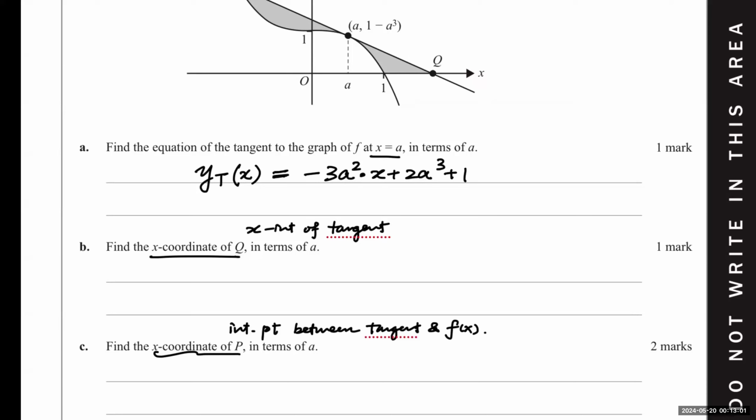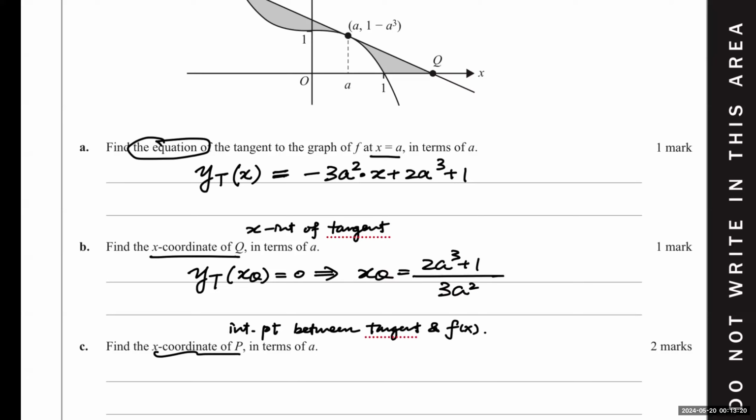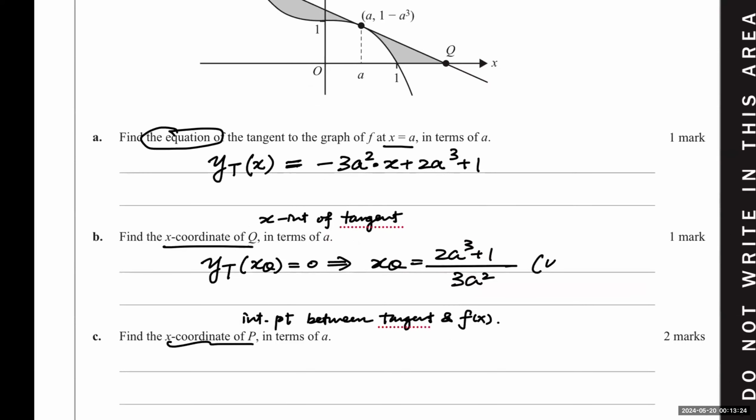It has to be an equation. And for the x-coordinate of q, let yt of x equal 0, giving you x equals 2a to the power 3 plus 1 divided by 3a squared, okay? It doesn't ask you for the y, so you don't need to specify y, but the y value of q is equal to 0, okay?